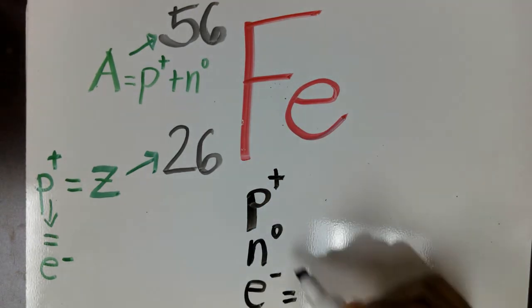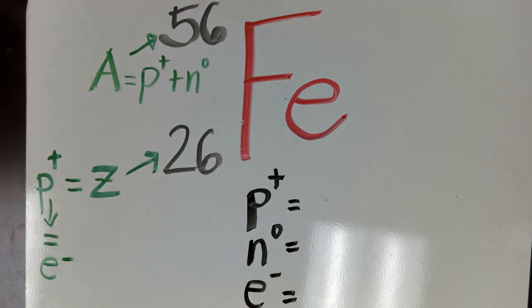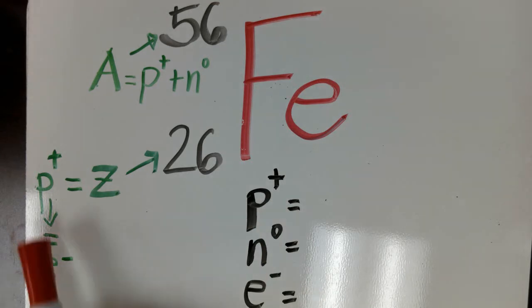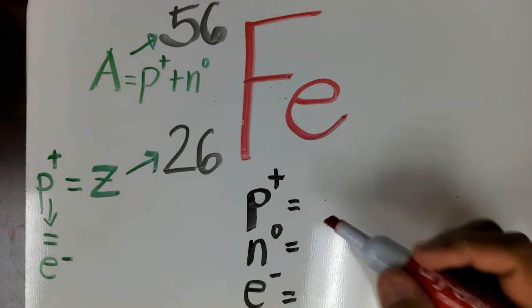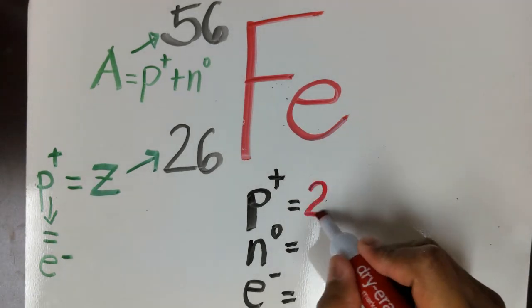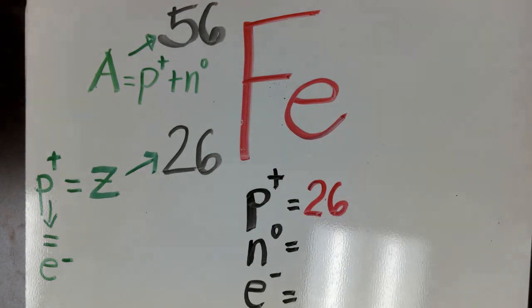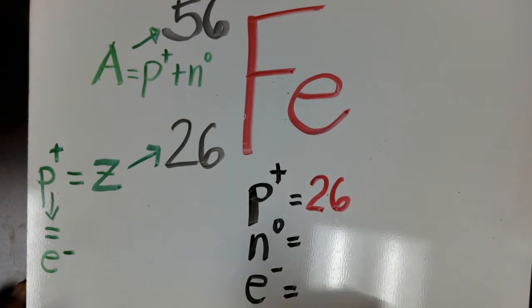So you put equal sign. Let's find out their quantity. How many are they? So protons, I see it here, is equal to the atomic number. So all I need to do is copy 26 there. So the number of protons I have is 26. Because I see it from this symbol.